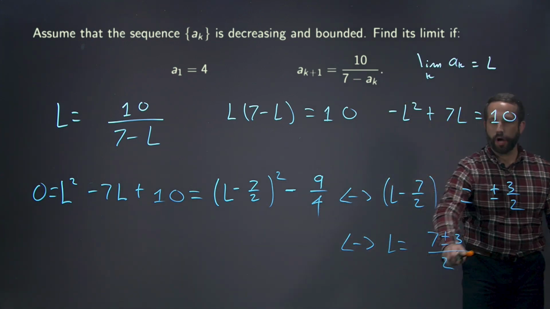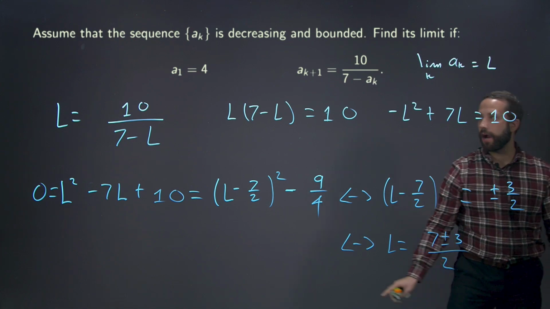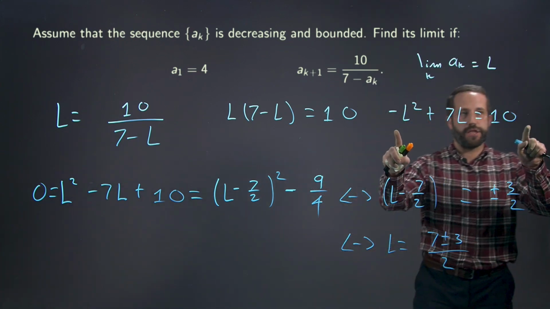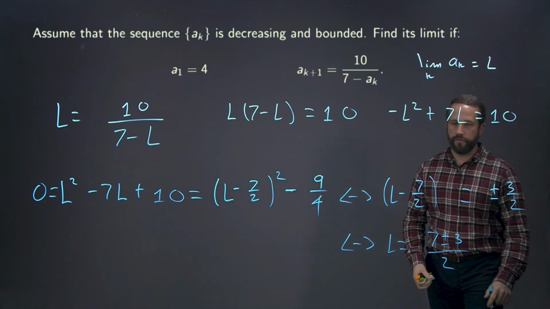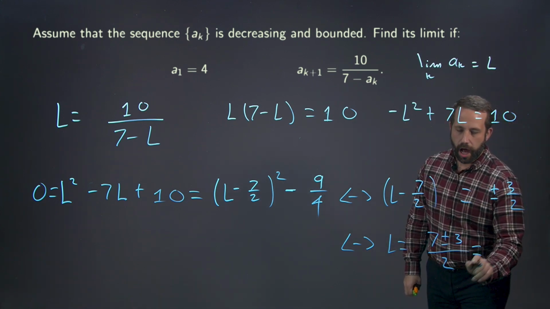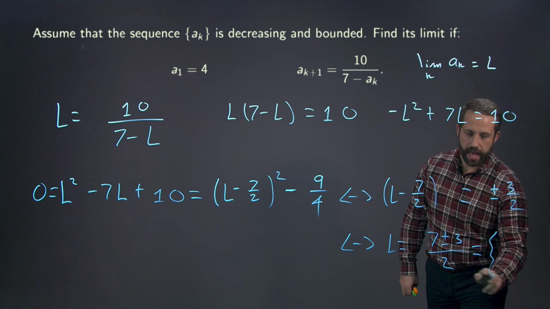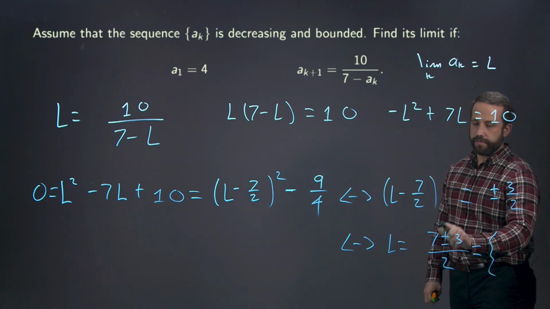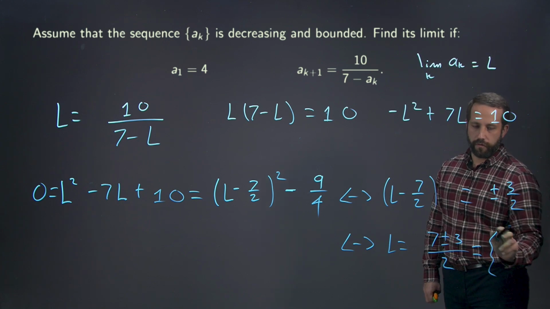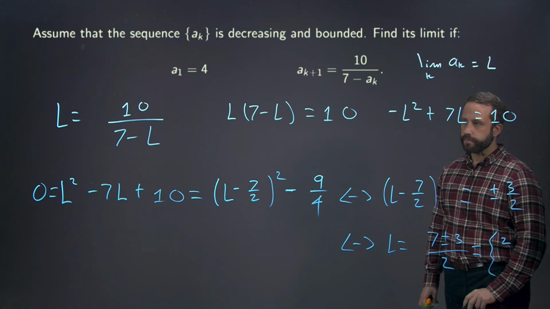Okay, however you come to this conclusion, I don't care. Once we get to this point, this is just a quadratic equation that you can solve in whatever method you feel the most comfortable with. So my two options then, if I take the minus solution, I have 7 minus 3, which is 4, and 4 over 2 is 2.